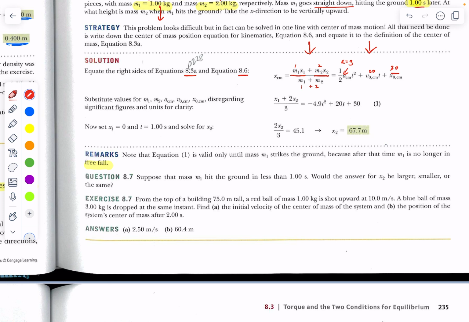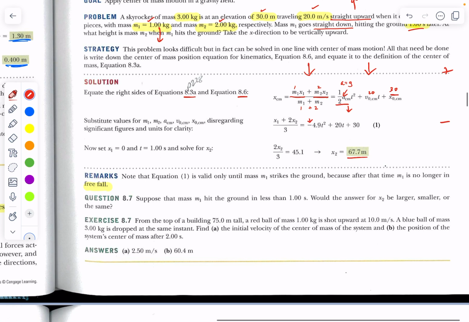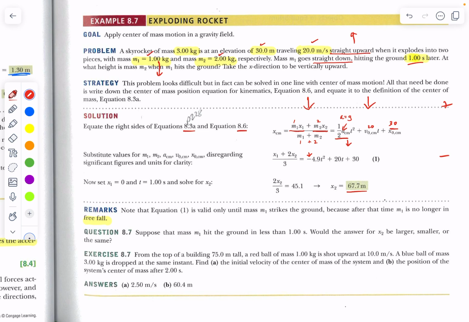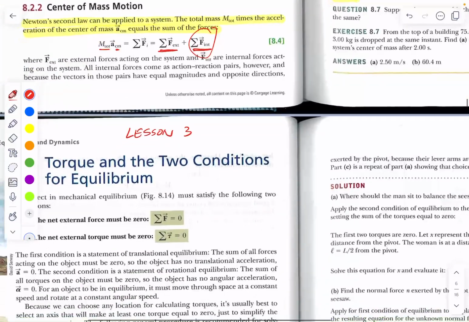And remember that 1/2 of a, since a is acceleration due to gravity acting downward, is negative down here, positive up here. So we have our negative sign. We find out that position x is going to be 67.7 meters. And let's see, at what height is mass 2? This is the height of mass 2. And that concludes this lesson.